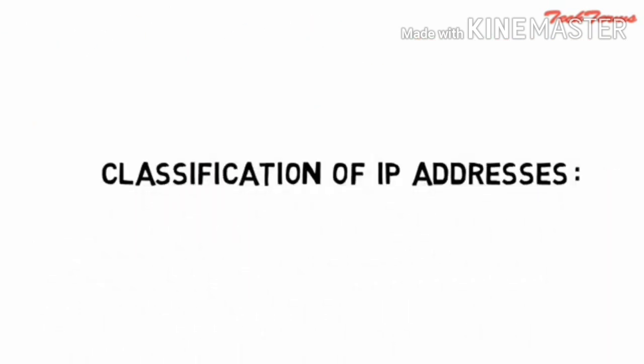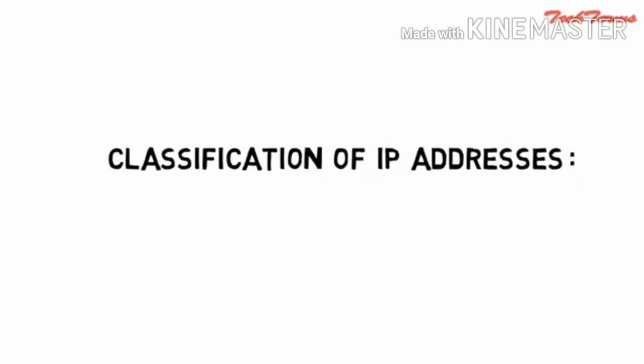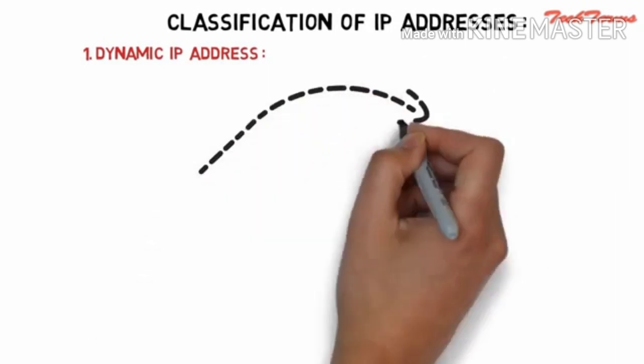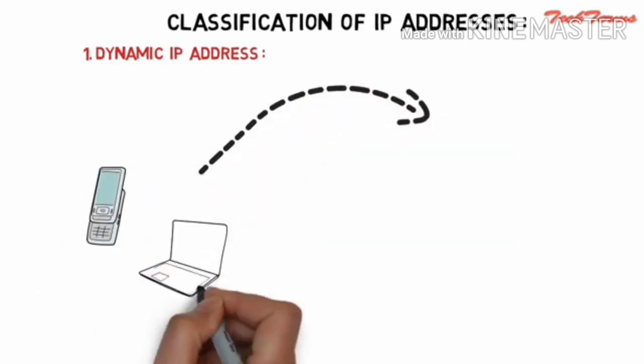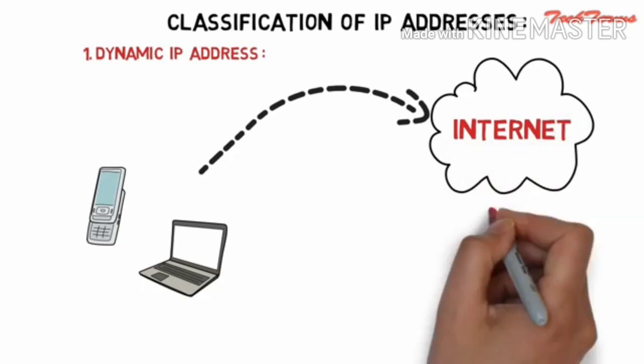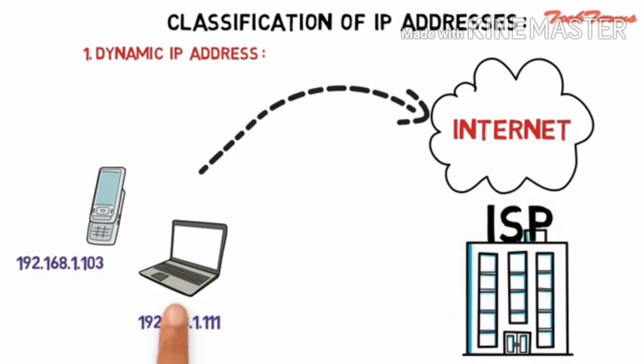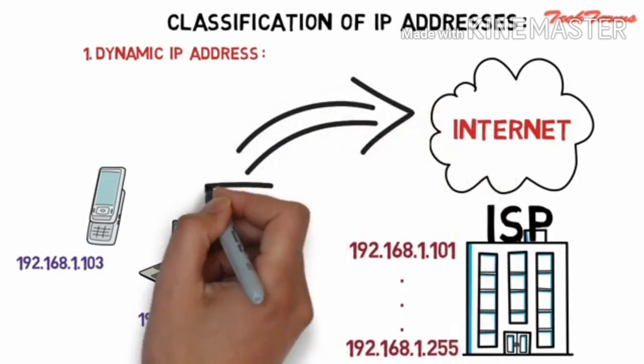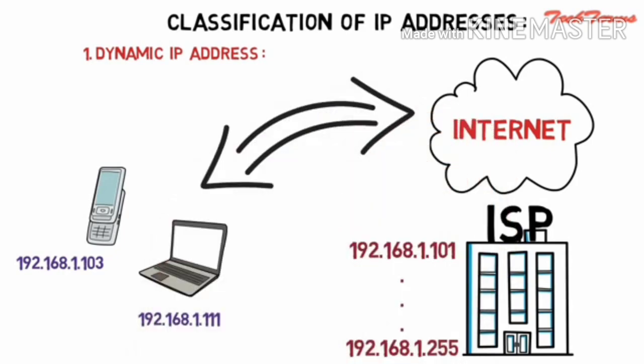IP address can be classified as dynamic IP address and static IP addresses. Starting with dynamic IP addresses. When you connect your device like smartphone or computer to internet, internet service provider provides you an IP address from the range of available IP addresses. Now, your device has an IP address, so you can connect your device to internet and send and receive data to and from the computers in internet.